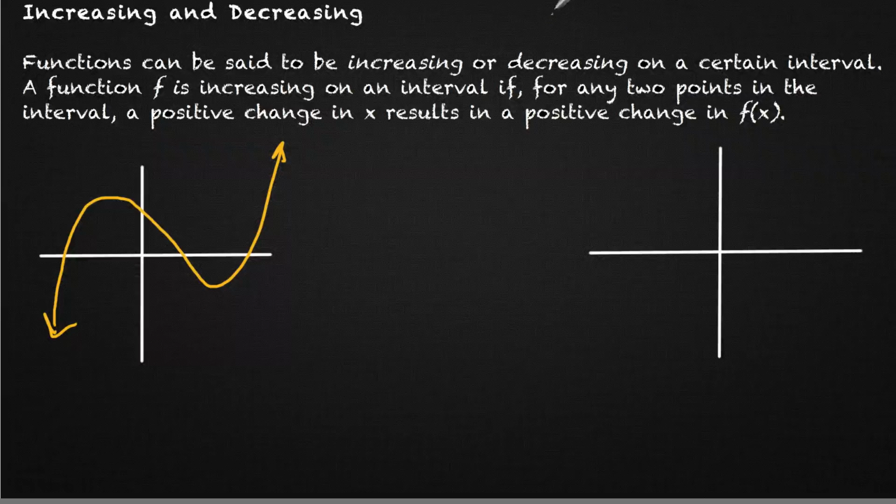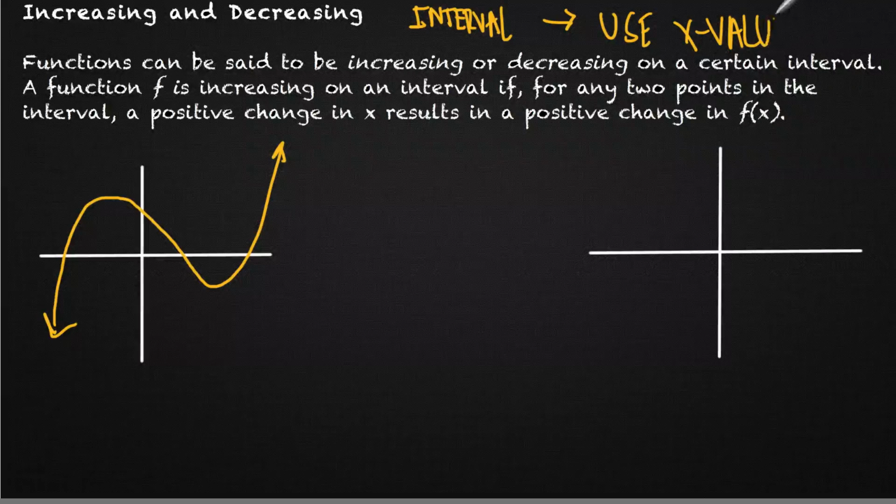Now, the key that I want you to write in your notes is that anytime you are using interval notation, this is extremely important, you are using x values only. Use x values only. What you're essentially saying is this function is increasing from this x to that x.